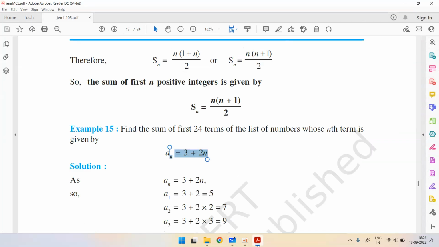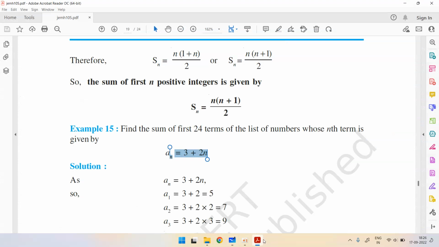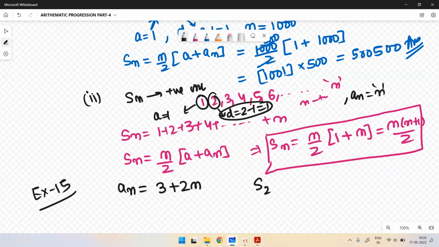It is given that the nth term is 3 plus 2n. It is not stated, but you have to assume that you need to find the sum of 24 terms, and that this is an arithmetic progression.